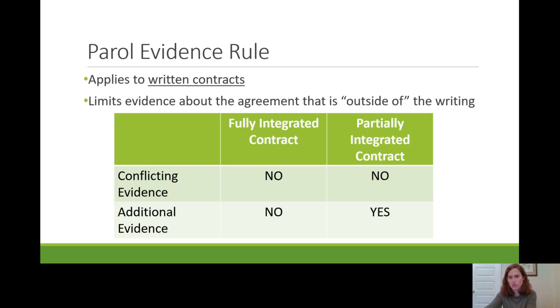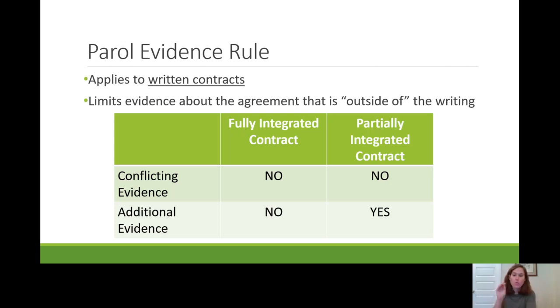Therefore, I'm arguing breach of contract. I can raise that additional term on the contract deadline because it's clear that's not supposed to be a complete contract. On the other hand, if you have a contract that looks like it's supposed to evidence the full agreement, you cannot introduce any additional terms that are not within the four corners of that piece of paper of your contract.